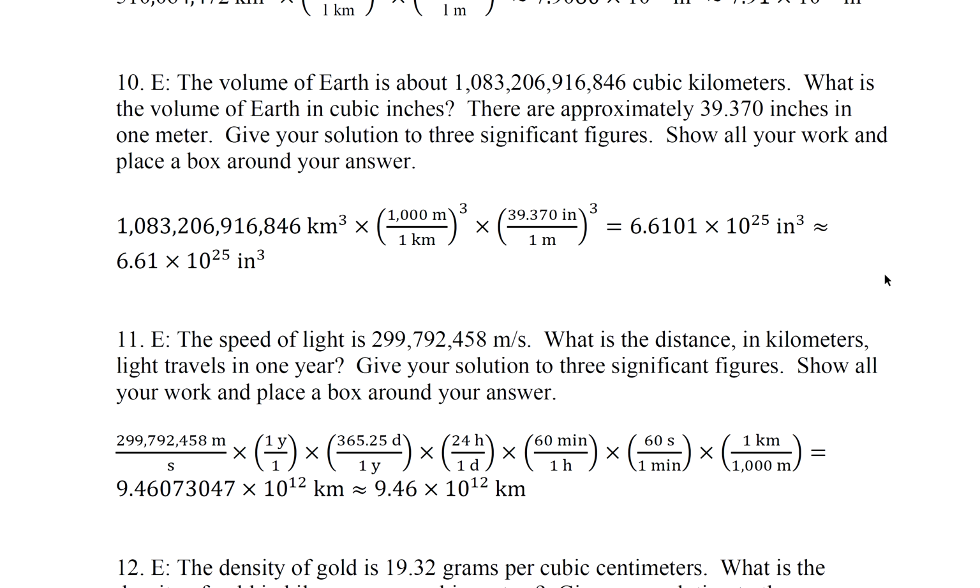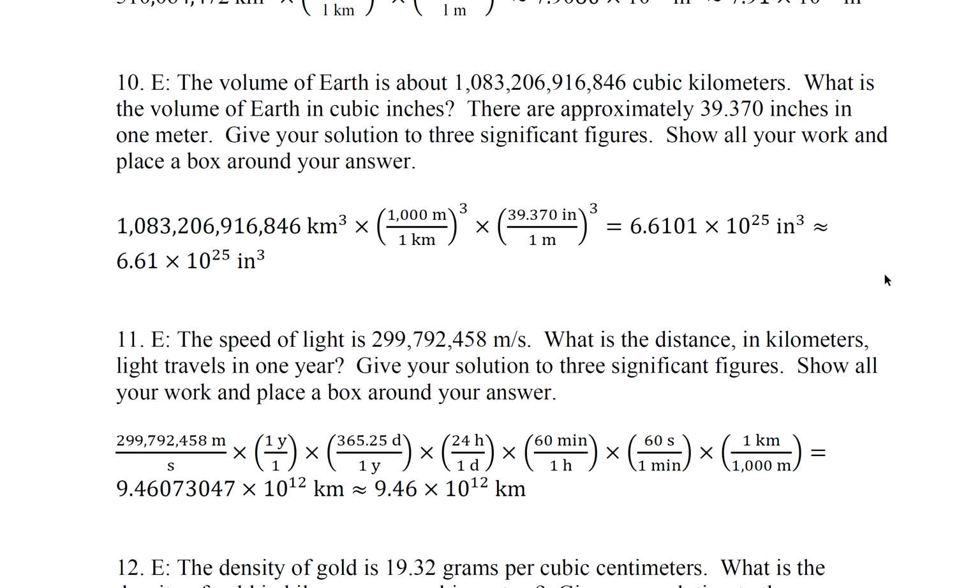Number 10, the volume of the Earth is about 1,083,206,916,846 cubic kilometers. What's the volume of the Earth in cubic inches? So look at this unit conversions. We multiplied by 1,000 meters divided by 1 kilometer, and we had to do that 3 times because we have kilometers cubed.